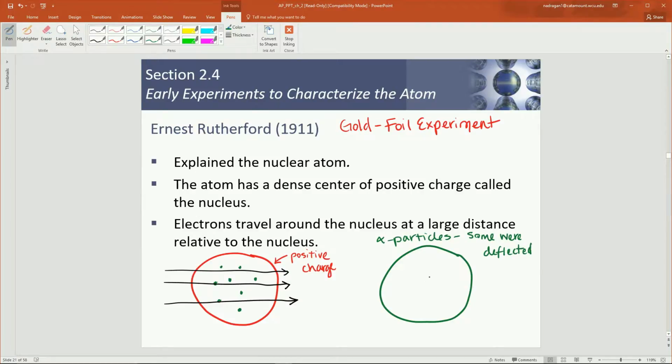So if this is the nucleus, it has a positive charge, and the blue dots are the electrons.